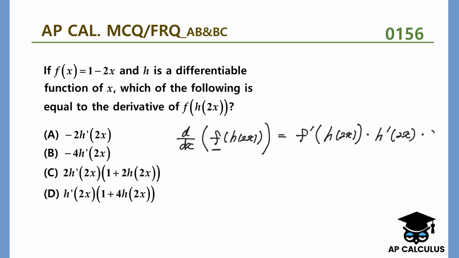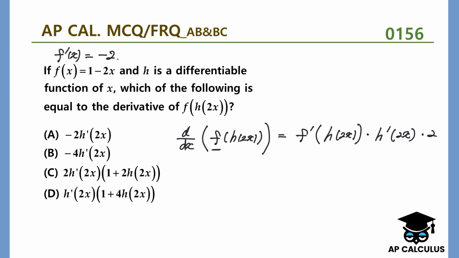right? times 2. Okay, so we have to find f prime of h of 2x. Here we have f of x. So what's f prime? f prime of x is equal to negative 2, right? It's constant.